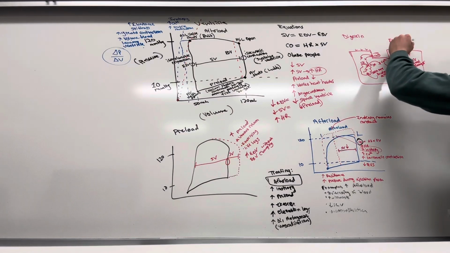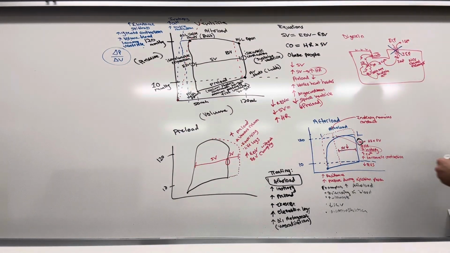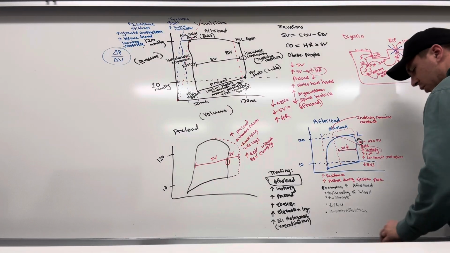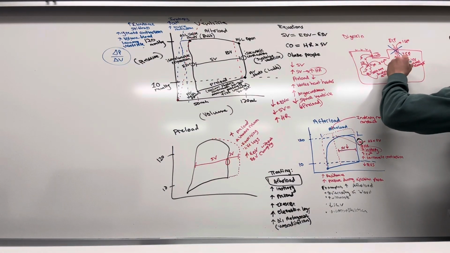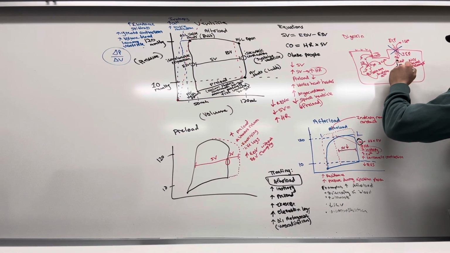Okay, so what we notice that happens with this is digoxin blocks or inhibits this NCX channel. And it does this in a way that allows the calcium that's supposed to leave to stay in the cell longer, and then it can go to the cross-bridge cycle.